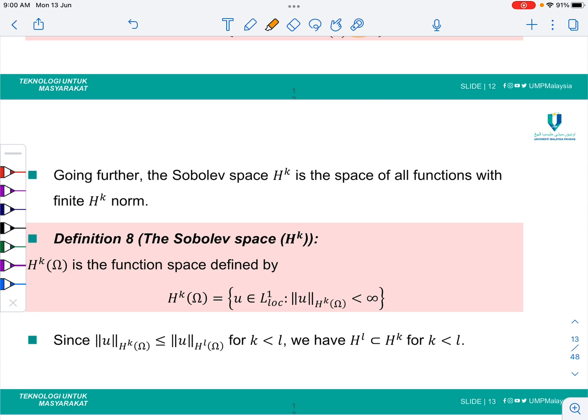If you want to go to higher weak derivatives, then we can just define Hk to be the space of functions with finite Hk norm. And this family of function spaces H1, H2, H3, Hk are called Sobolev spaces.